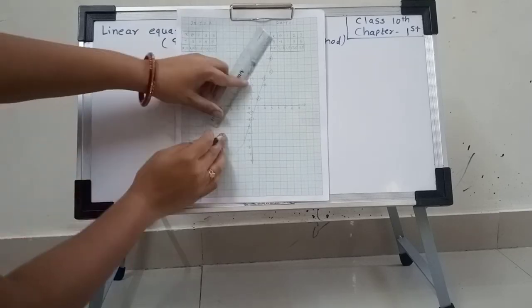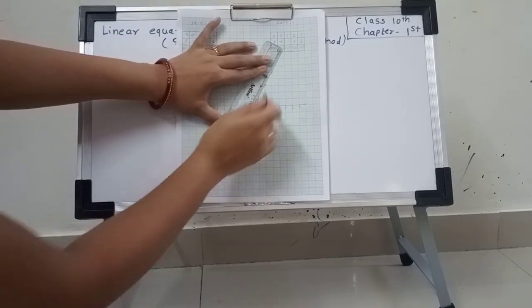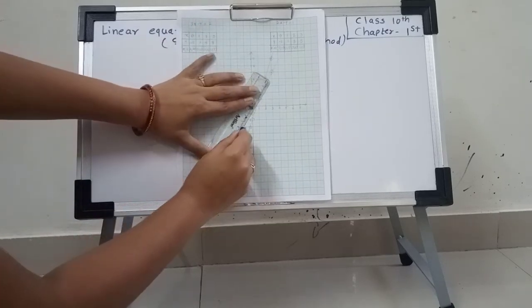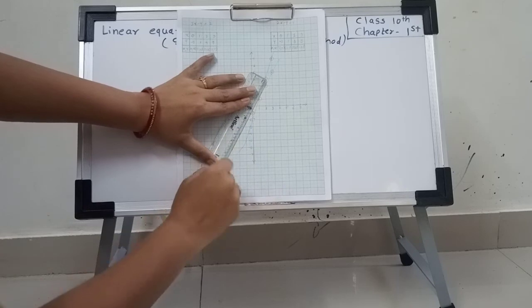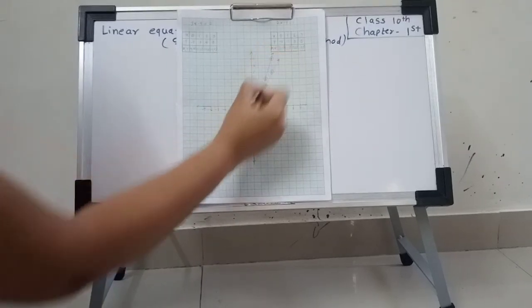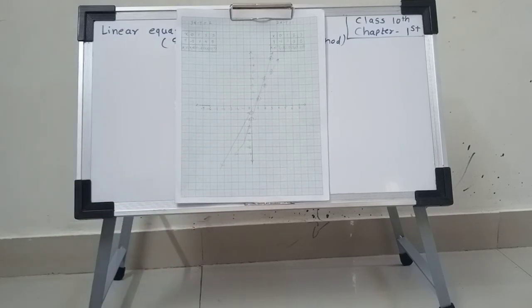Join these points. This is the line for the second equation and the line for the first equation.